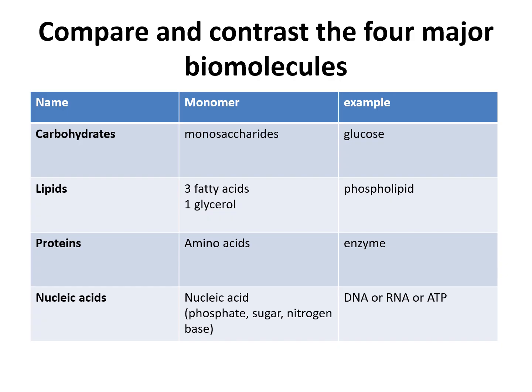Lipids are made up of fatty acids and glycerol. 3 fatty acids to every 1 glycerol. That's called a triglyceride. Another example of a lipid is a phospholipid, and that's what makes up the cell membrane and the organelle membrane. Now, a phospholipid only has 2 fatty acids and a phosphorus head, but it's another example of a lipid.